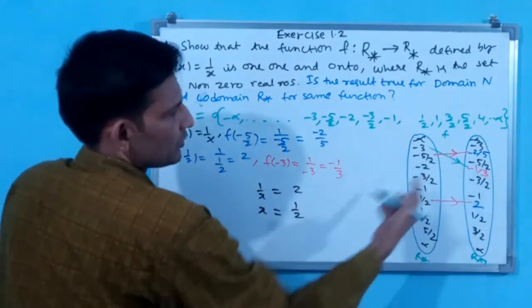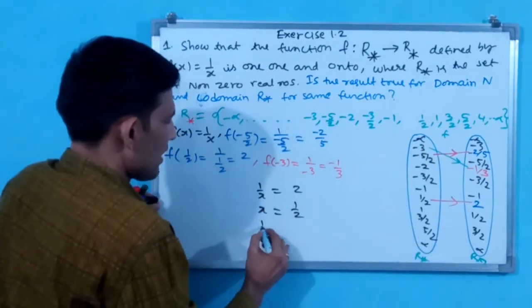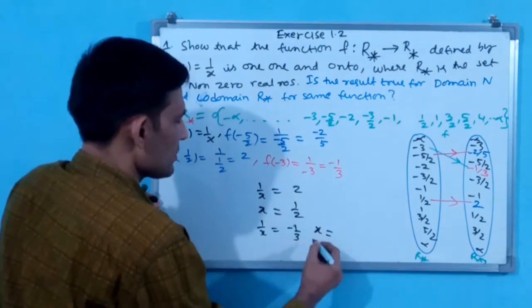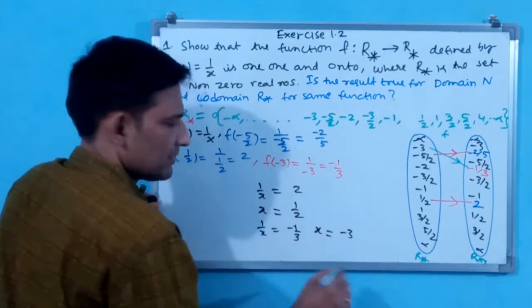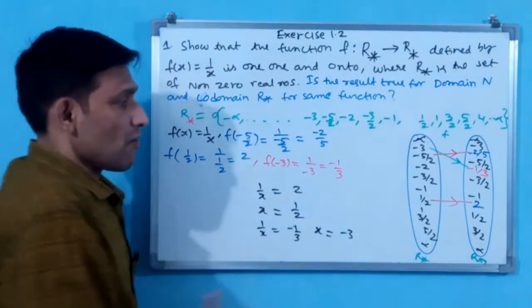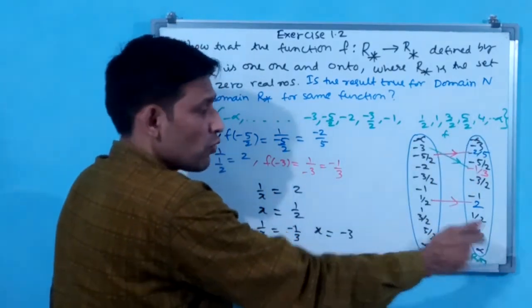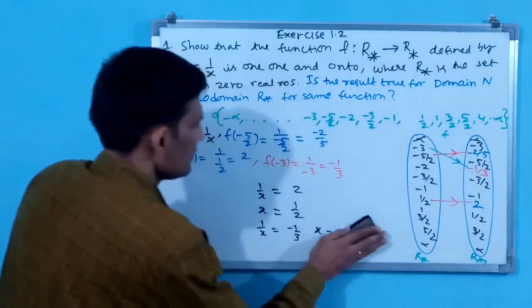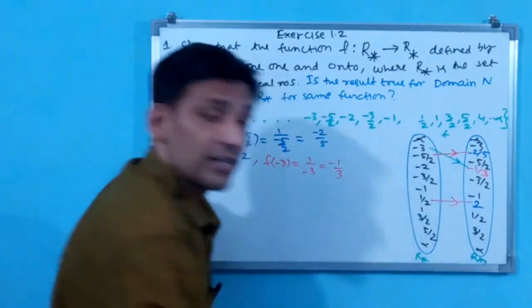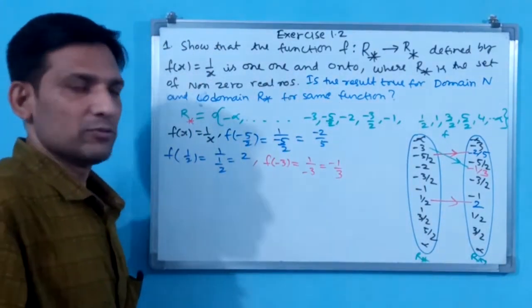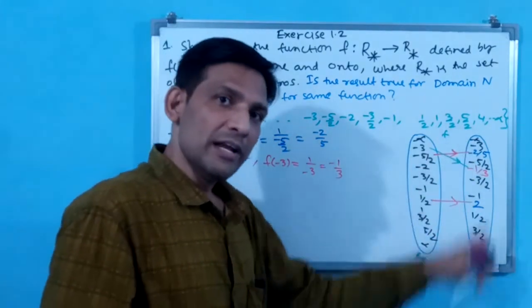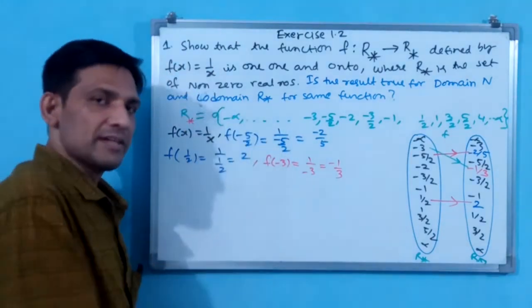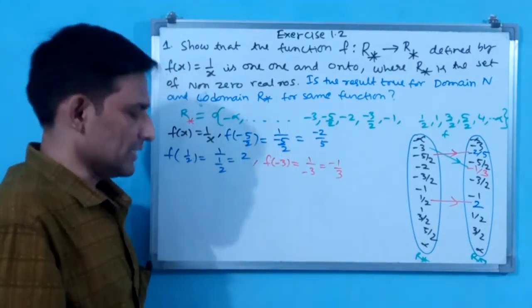Even this also, minus 1/3: 1/x is equal to minus 1/3 means x is equal to minus 3. That's all. That means for each image there is only one pre-image. That is why this is an onto function. Here no element is left.